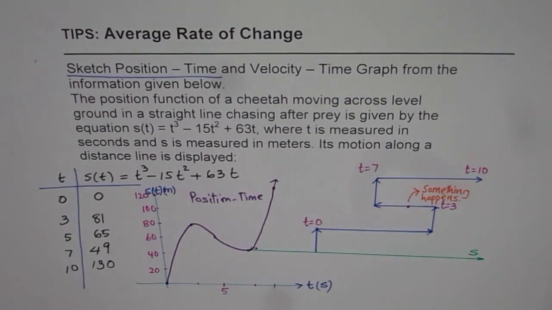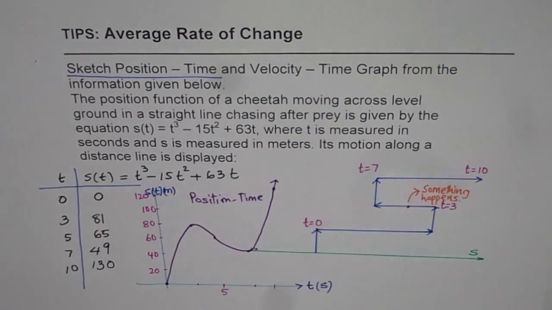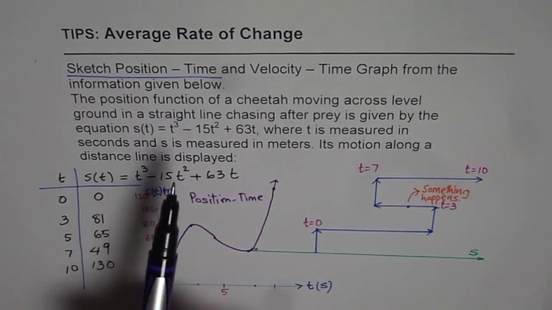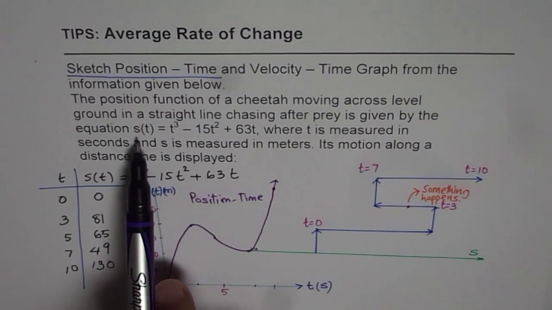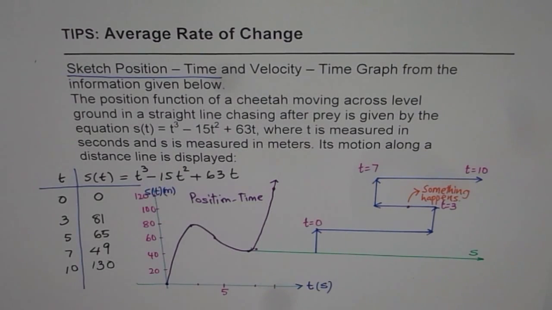For the given function. Now in the next video we will see how to sketch velocity time graph. What you can do is find the velocity function from displacement, do the difference quotient from here, find instantaneous rate of change, that will give you a velocity function, and that will help you to figure out the values which are essential to draw velocity time graph from this equation.